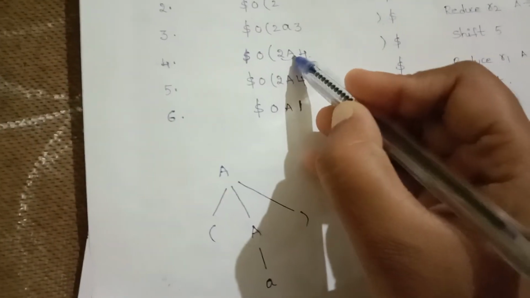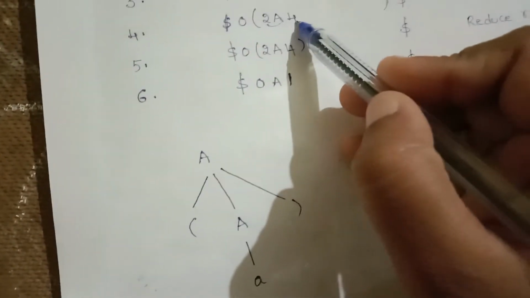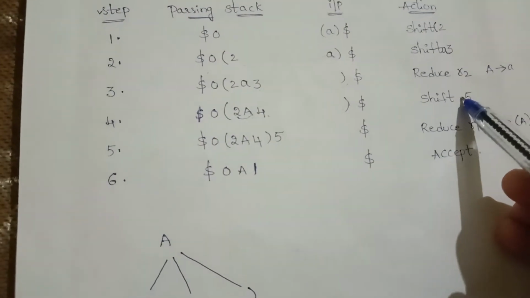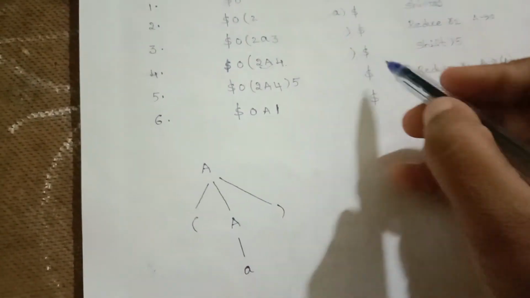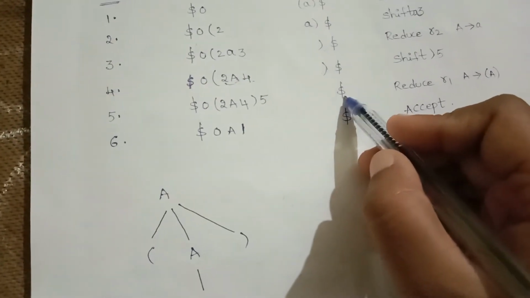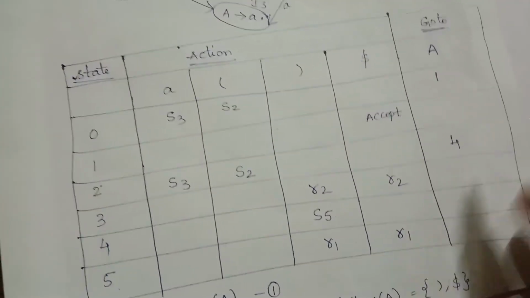You consider 2 on A. 2 on A, check here, 4. So write here 4. Now 4 on right parenthesis, shift 5. So shift 5, we shift this right parenthesis. Now 5 on dollar, check here, R1.